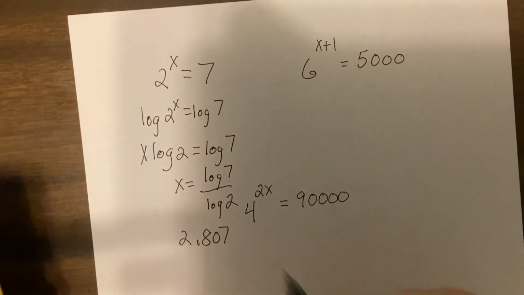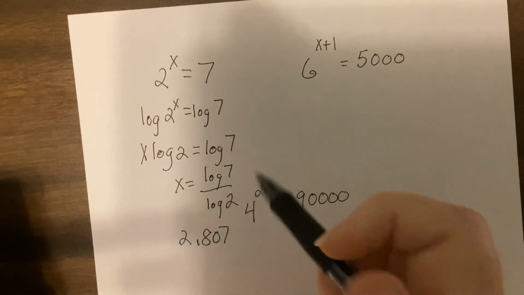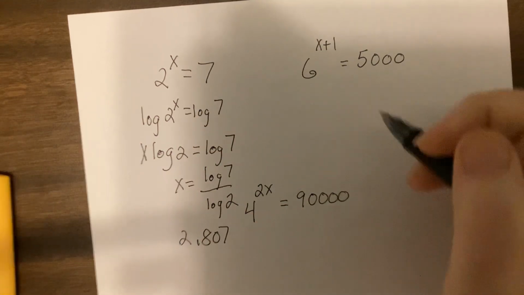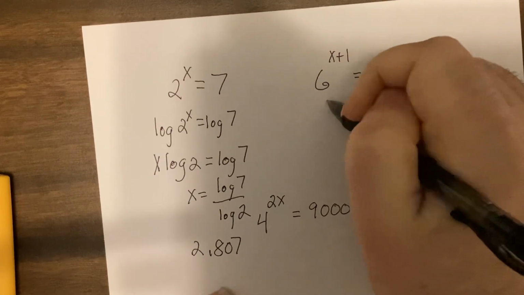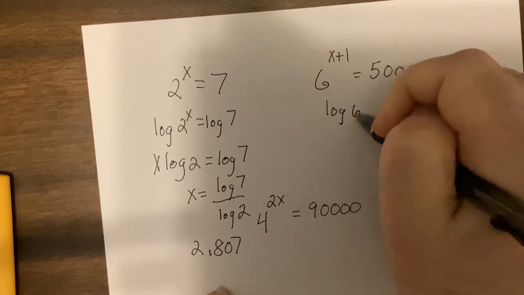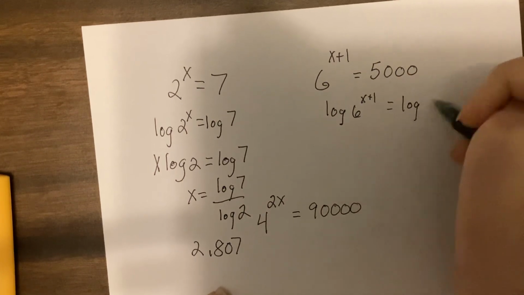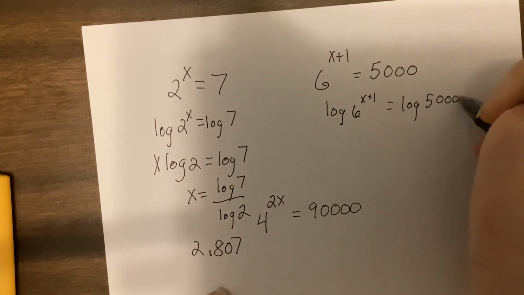Now notice 2 cubed is 8. So we knew this should be just under 3. So this one we'd have log of 6 to the x plus 1 equals log of 5,000.